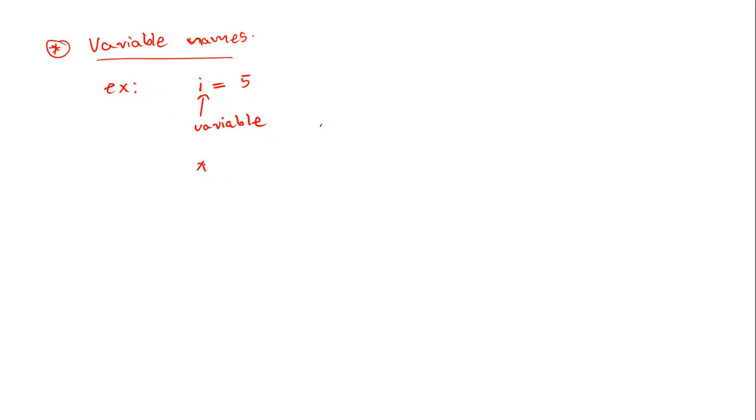Let's say x, we can get x is equal to 11. So this x is a variable. It doesn't have to be a single letter. It can be a word, something like this. Let's say my name.